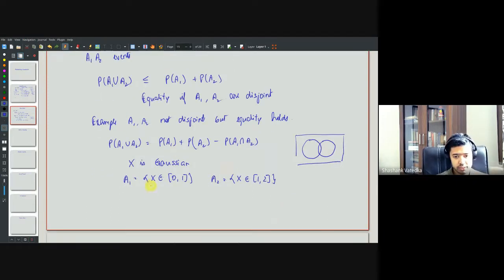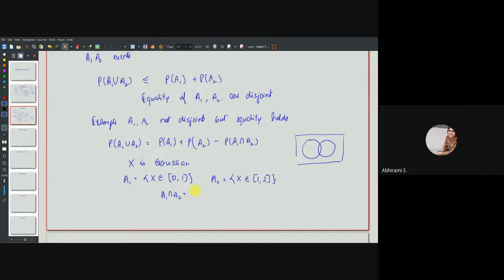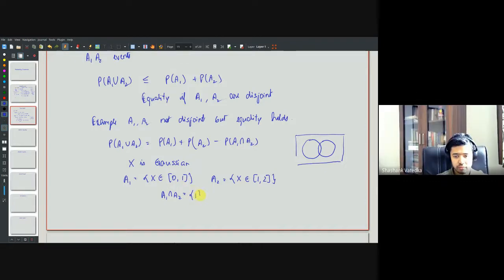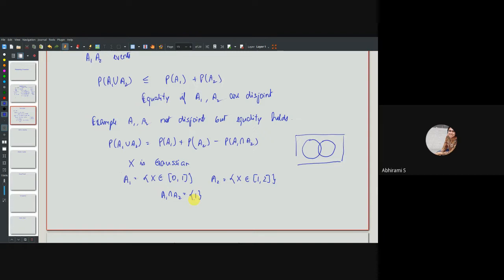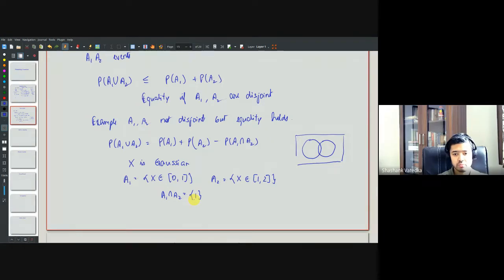So in this case, since X is a continuous random variable, you know that both A1 and A2 are not empty. What is A1 intersection A2? Just one. Exactly, it's just 1, right? And so the probability of A1 union A2 is the probability that X is in the interval 0 to 2.